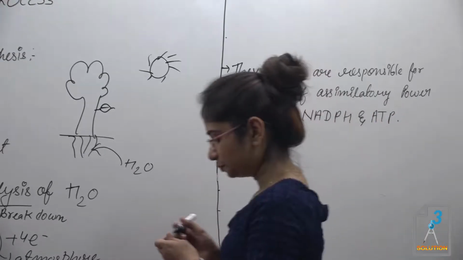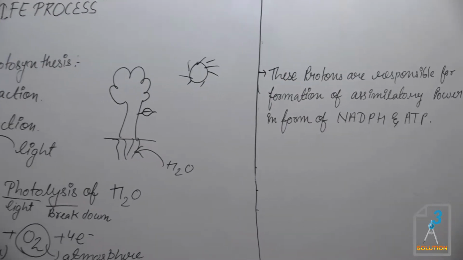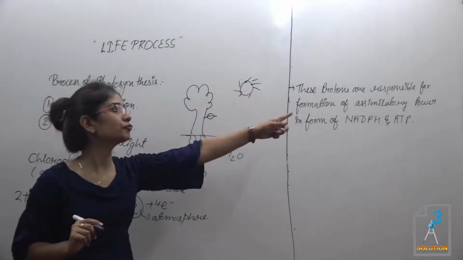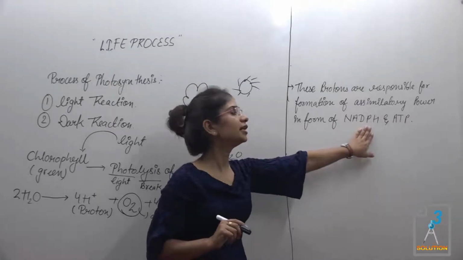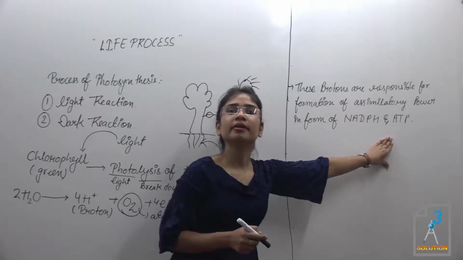So the protons released from the photolysis of H2O are responsible for the formation of the assimilatory power in the form of NADPH and ATP.